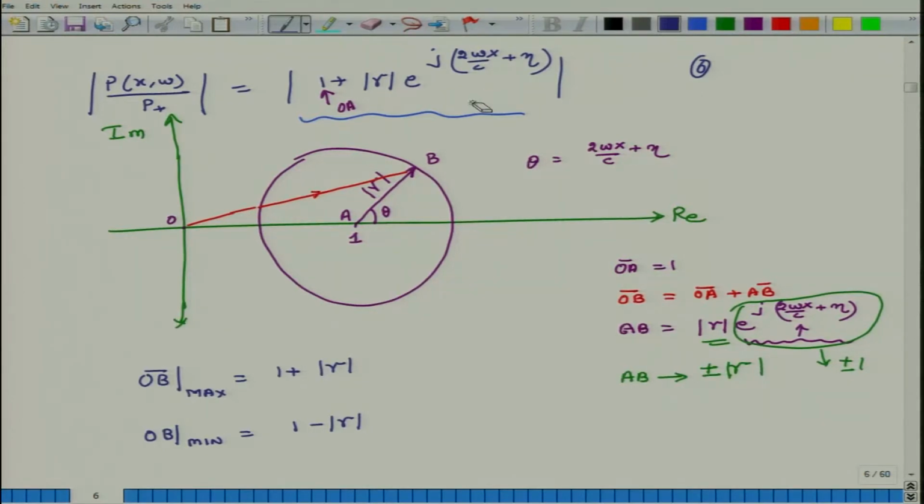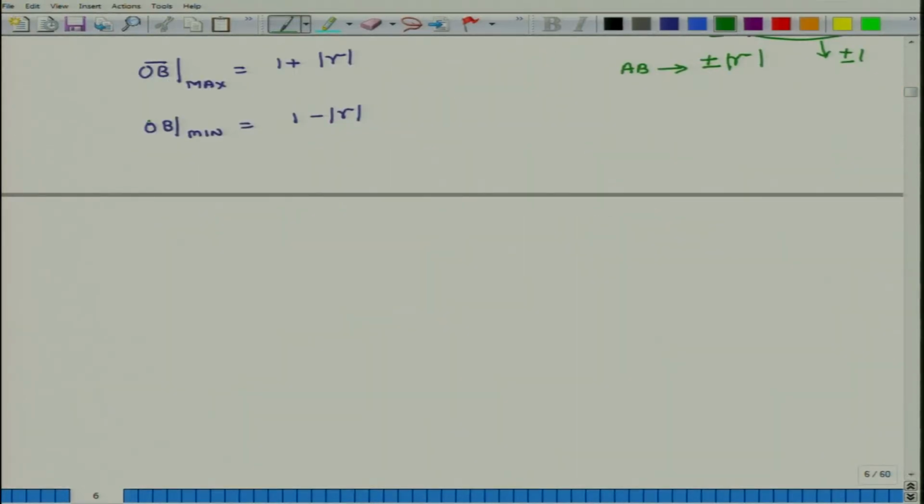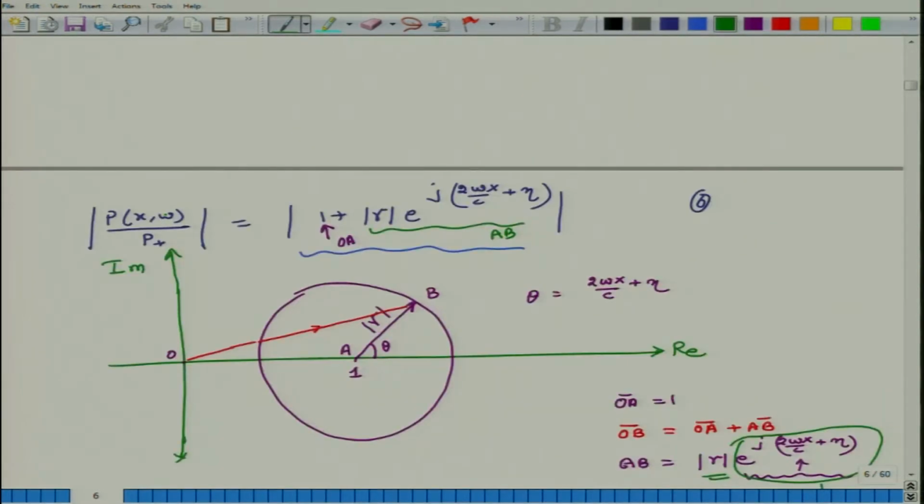So, the maximum value of OB will be 1 plus gamma and the minimum 1 minus gamma. And what is OB? OB is the normalized value, the ratio of P(x, omega) divided by P plus, which is a constant for a given frequency.